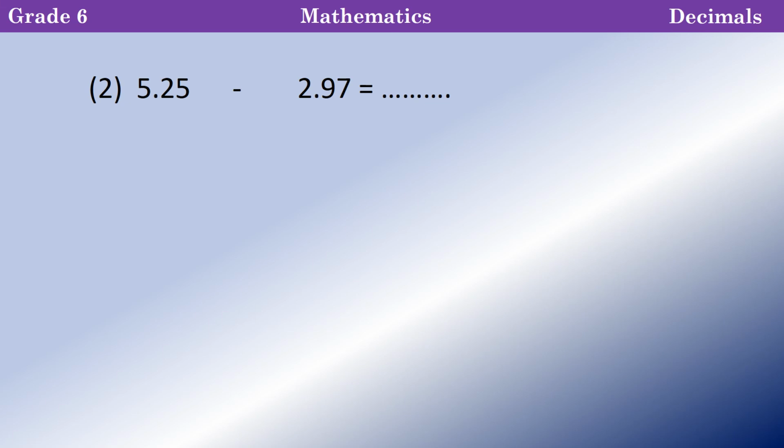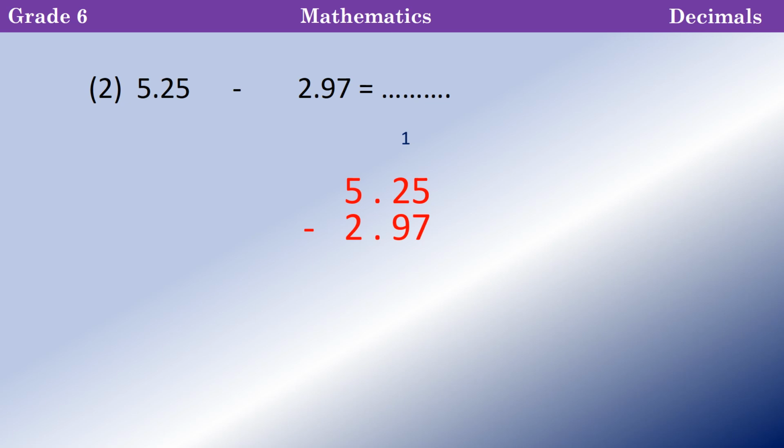Next question is 5.25 minus 2.97. Let's first write the two numbers downwards. 5.25 minus 2.97. When subtracting the two numbers, we can clearly see that we cannot subtract 7 from 5.